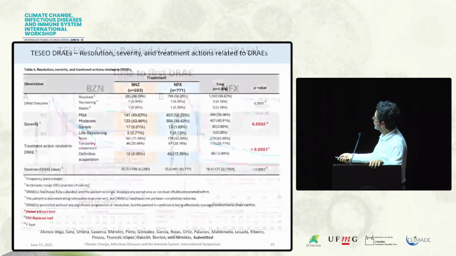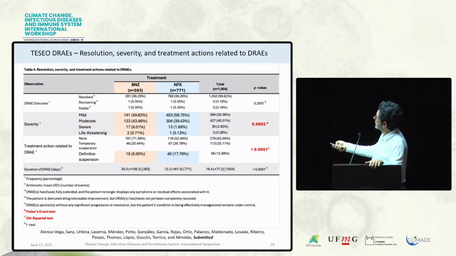So when we compared the resolution, severity, and treatment action related to the DRAEs, we find that with benznidazole, just considering all the groups, you see much less adverse events in terms of severity. You can see here, mild 141 versus 450, moderate 120 versus 304.